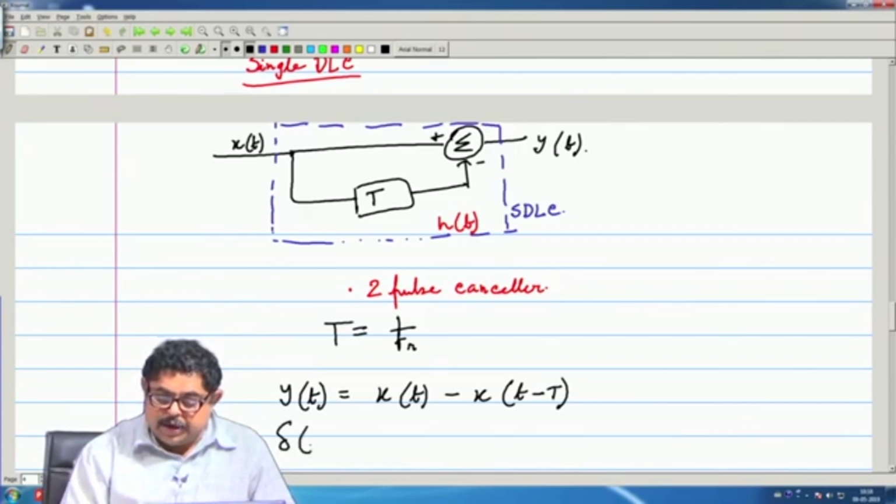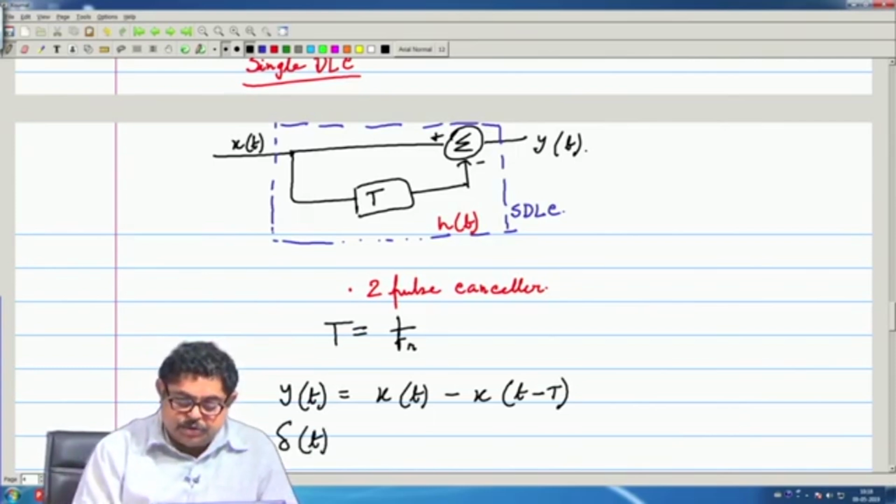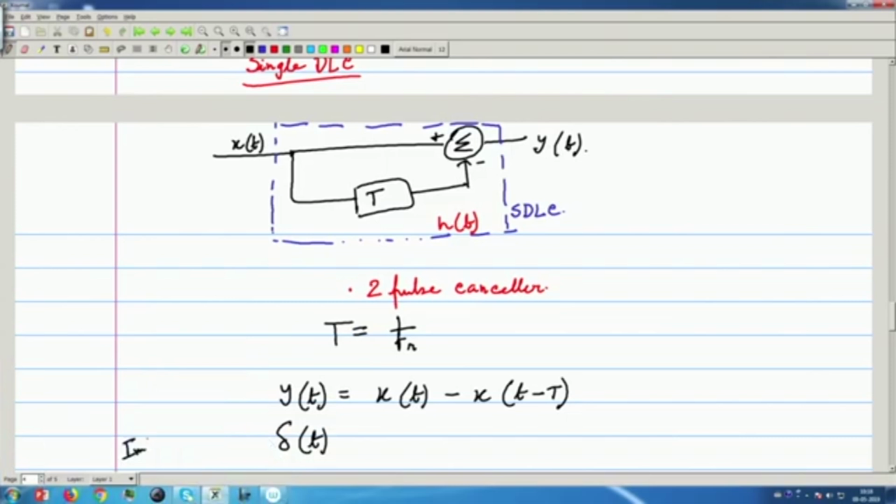So, I can write the impulse response of the filter, that I will call h(t). What will be h(t)? Simply we know delta(t) minus delta(t minus T).